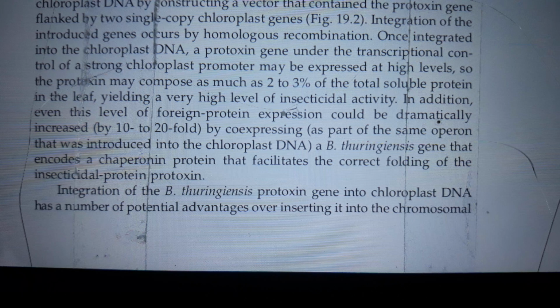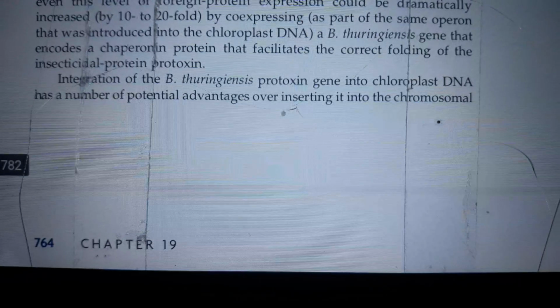Integration of the introduced genes occurs by homologous recombination. Once integrated into the chloroplast DNA, a protoxin gene under the transcription control of a strong chloroplast promoter may be expressed at high levels, so the protoxin may compose as much as 2 to 3% of the total soluble protein in the leaf, yielding a very high level of insecticidal activity.